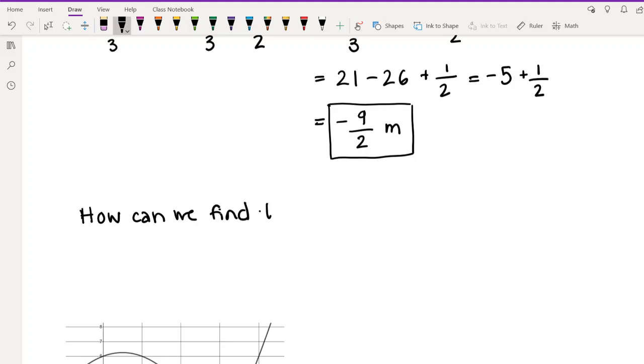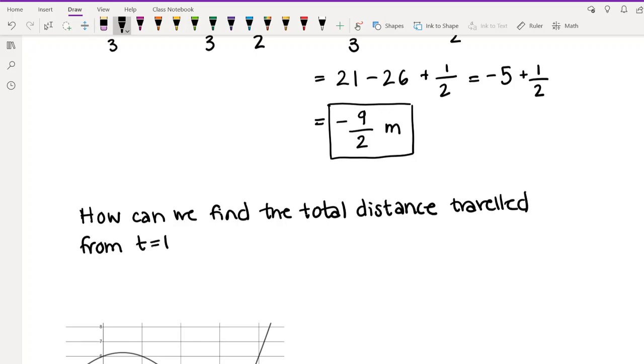So let me summarize what I just said out loud, which is, how could we find the total distance traveled from t is equal to 1 to t is equal to 4? So basically, we need to count all of the distances as positive.